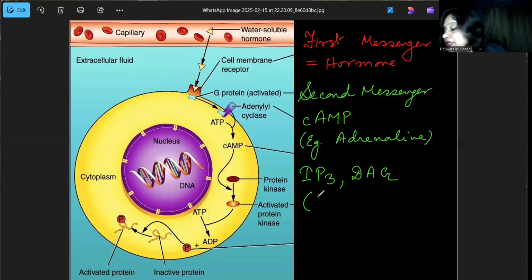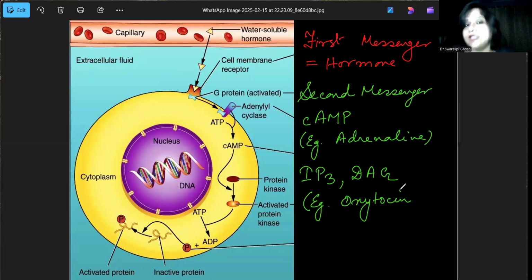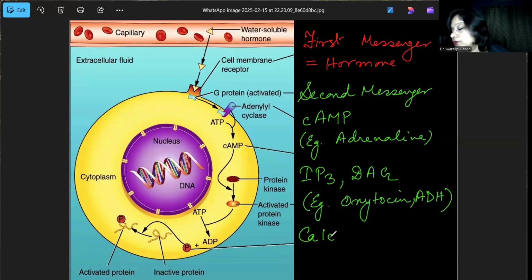We can put oxytocin as an example where this IP3 pathway or DAG pathway is executed, and even vasopressin. Where this IP3 or DAG is used. And also we have calcium. Calcium also can be considered as a second messenger.